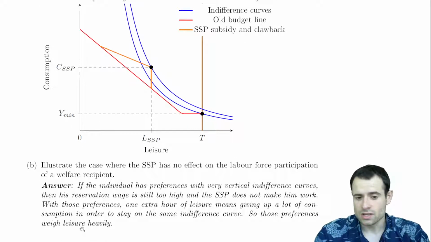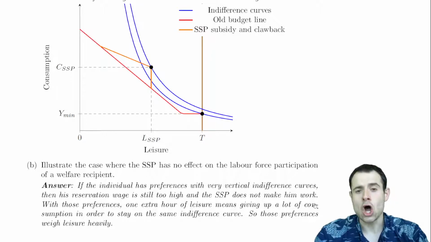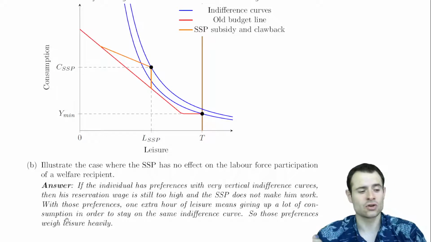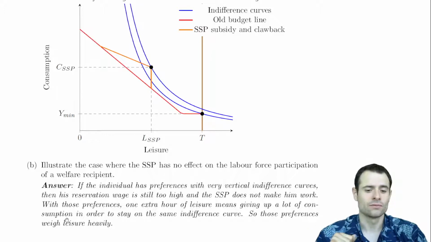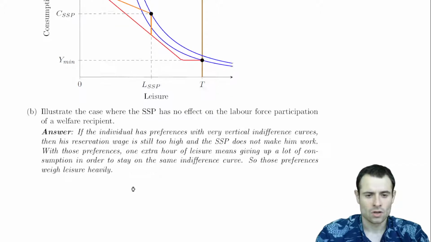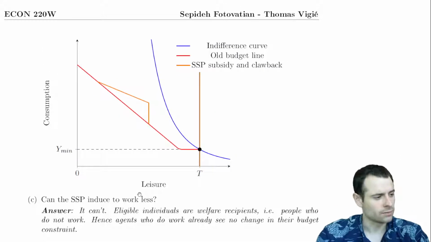With those preferences, 1 extra hour of leisure means giving up a lot of consumption because leisure is highly valued. So this is how it's going to look.